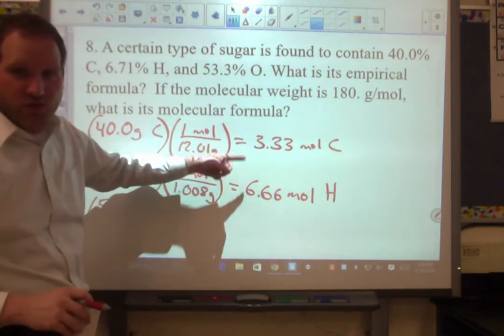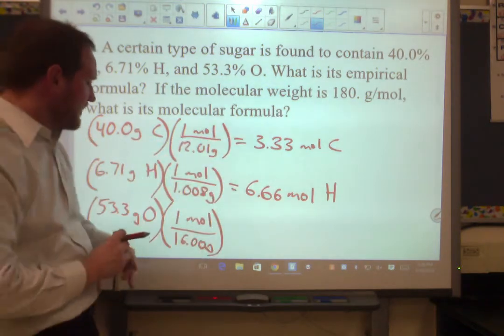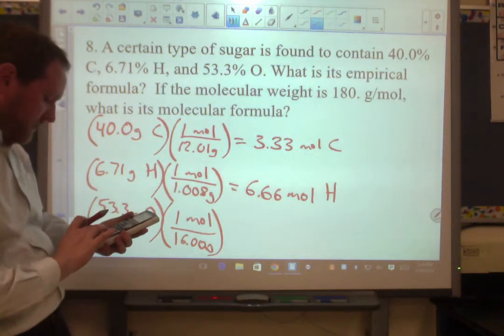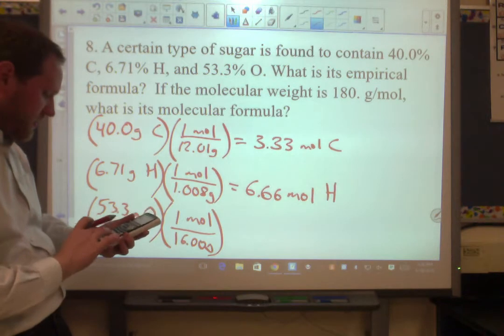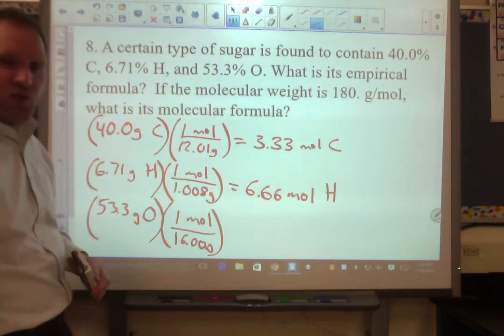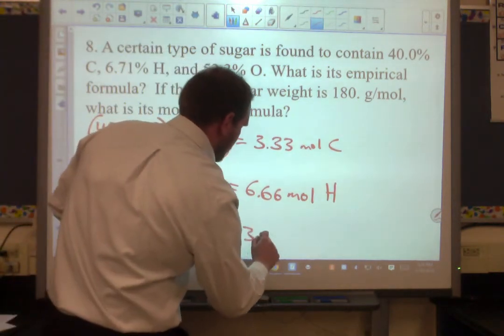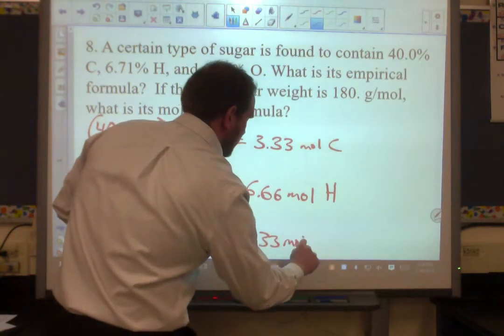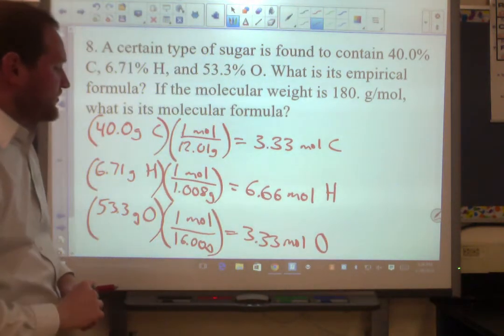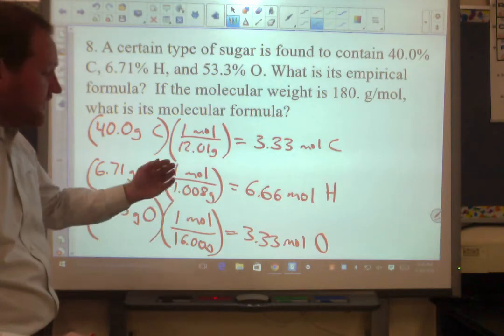I like what I see so far. Look at that beautiful, nice, clean mole ratio. And 53.3 divided by 16, beautiful, 3.33 moles of O.